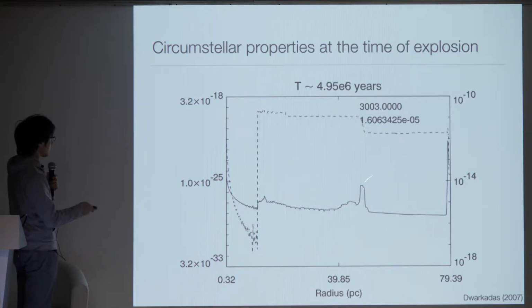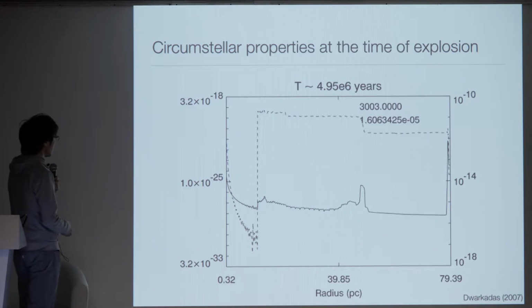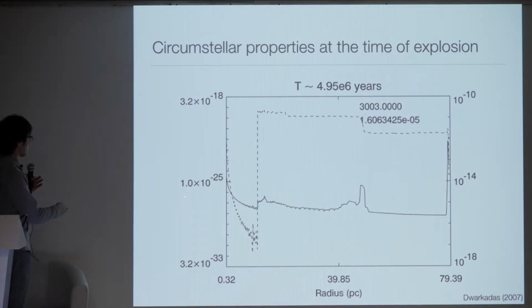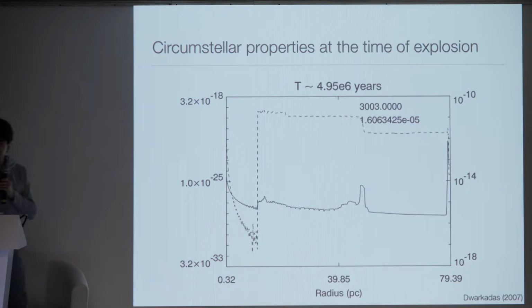This is density. It doesn't have a unit, but this is gram per cc, I think. This is the density structure. It looks like this, and the supernova explodes inside this structure, so the supernova ejecta basically runs into this circumstellar matter.